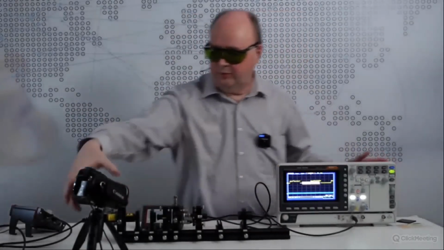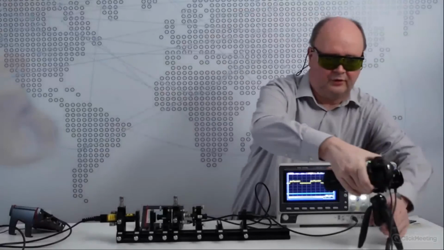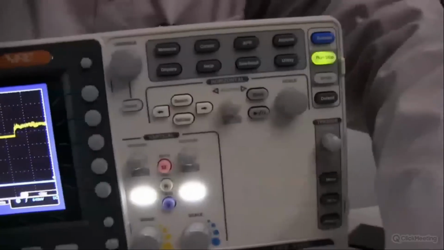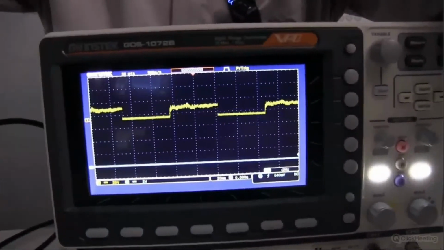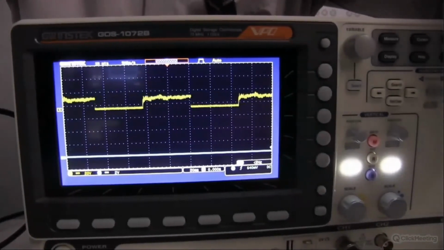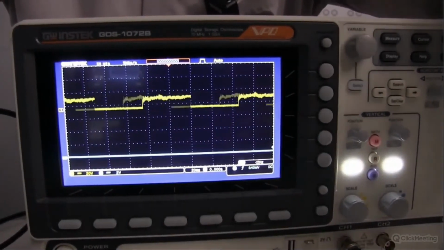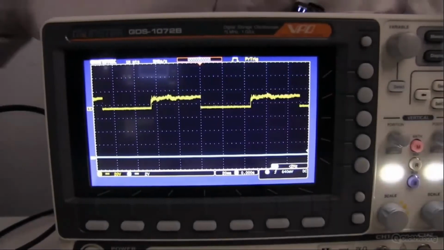Okay, something is visible, but I should better get my small camera here. Here we are. Hope you can see the oscilloscope screen.